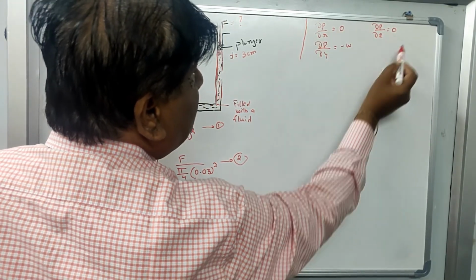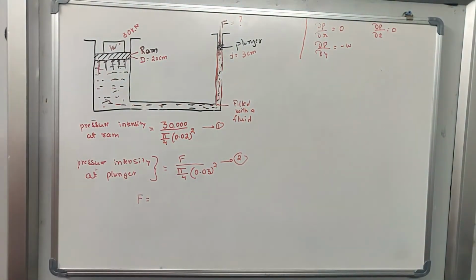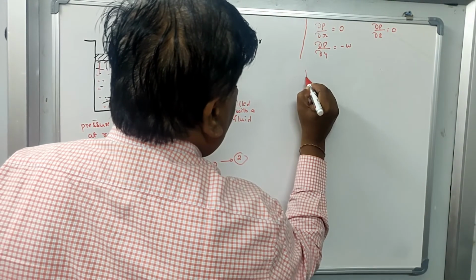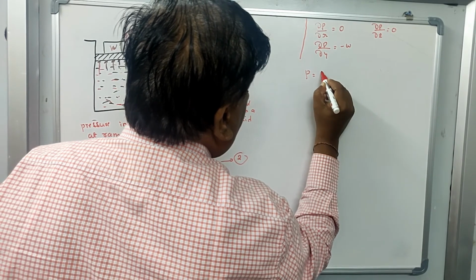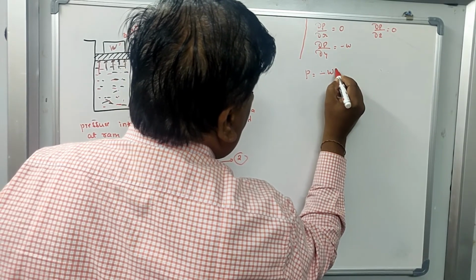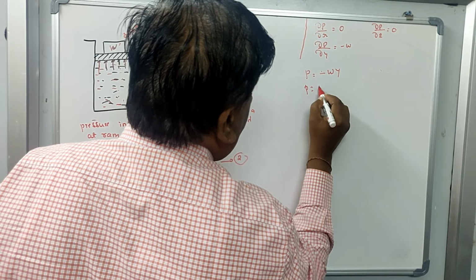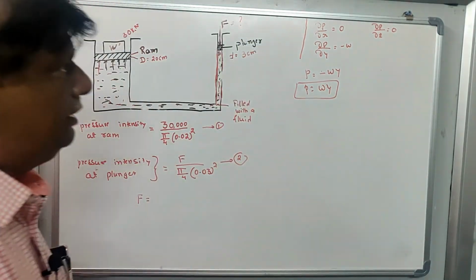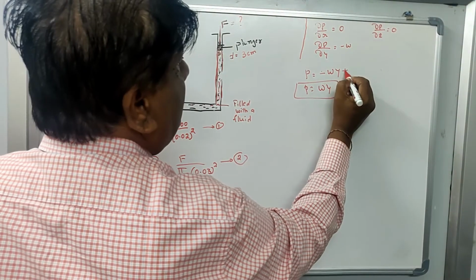So from these mathematical expressions, it is very clear that the pressure varies only in the y direction. Integrating this, we get P is equal to minus Wy plus C, where C is the integral constant.